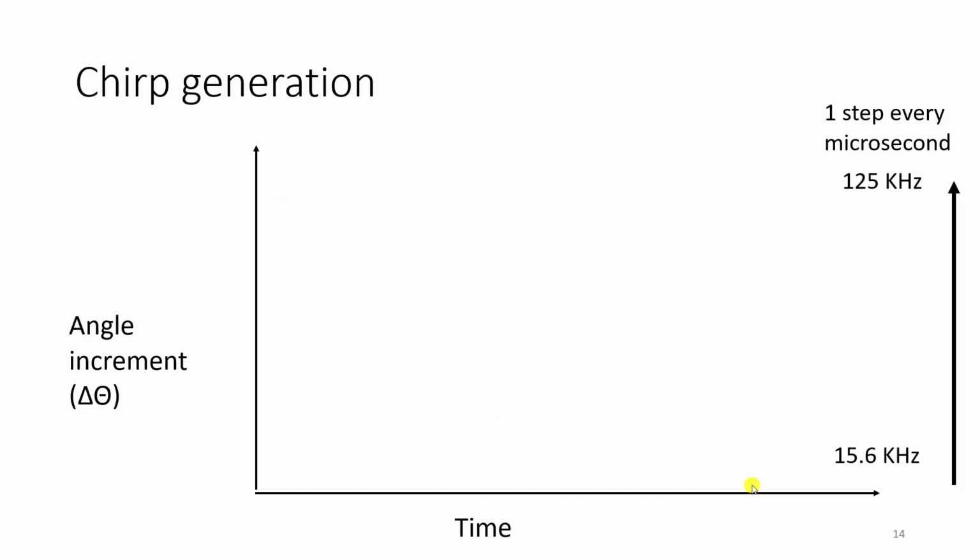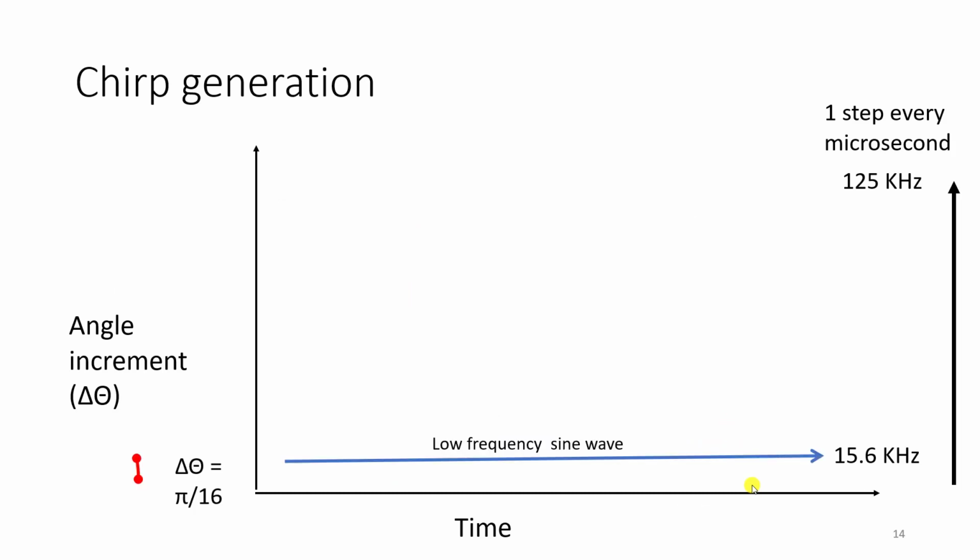So if we focus on changing this frequency, and we look again at that low frequency, and we put some numbers behind this, we now say the step size will be once every microsecond. So every microsecond, we're going to take a step of pi over 16 radians, which would correspond to a sine wave at 15.6 kilohertz.